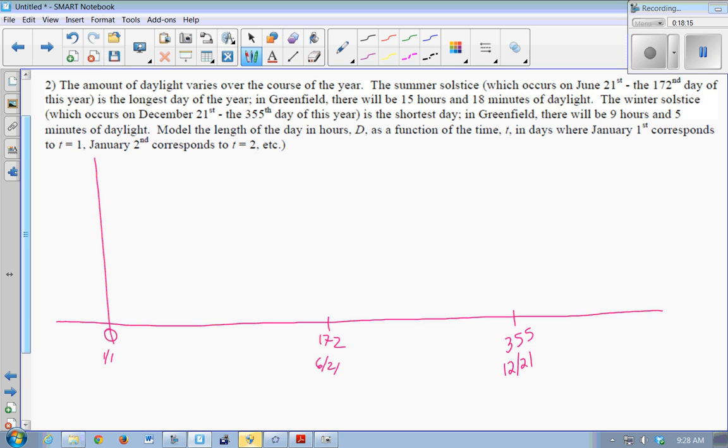And I also had a low before. If this is January 1st, how many days do I have to go back to get December 21st? 10 days, yeah. Well, we're going to ignore leap year for now. December 21st plus 10 days would actually make the 31st, right? So I actually have to go back 11 days. Yeah, 11 days.